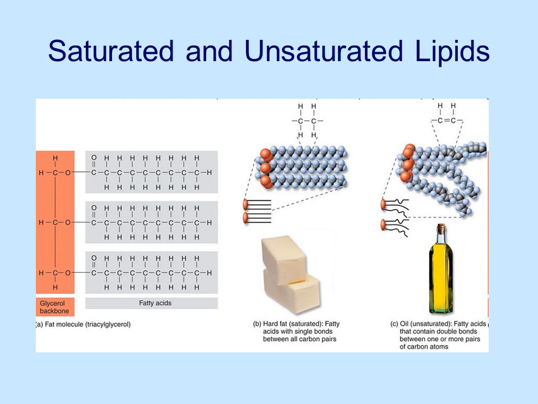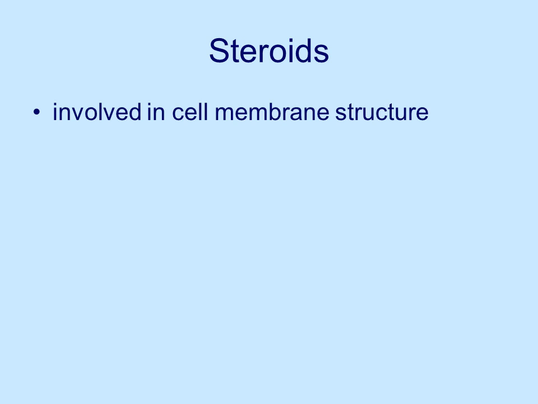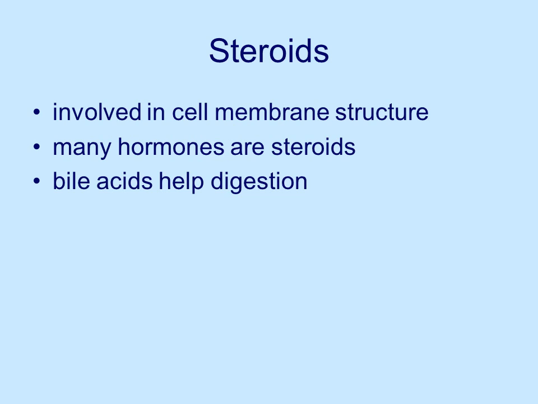Different kinds of lipids, saturated lipids and unsaturated. The unsaturated have double bonds in them and their properties are different. They're supposedly not as healthy for them. Steroids are involved in cell membrane structure, and a number of hormones are steroids. Estrogen and testosterone, the female and male sex hormones, are steroids.